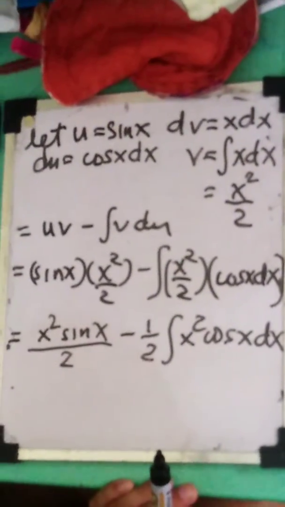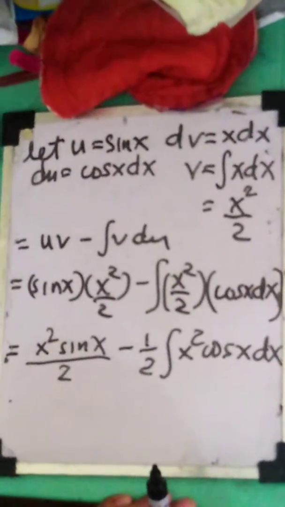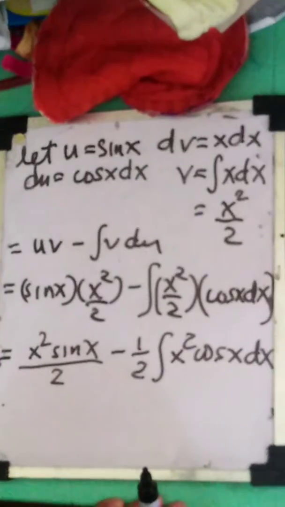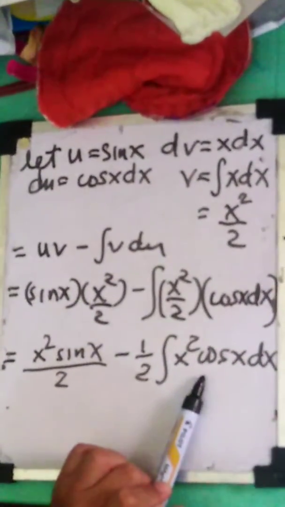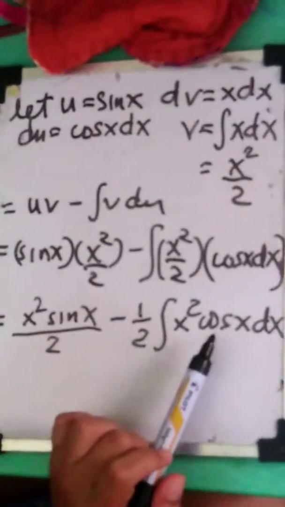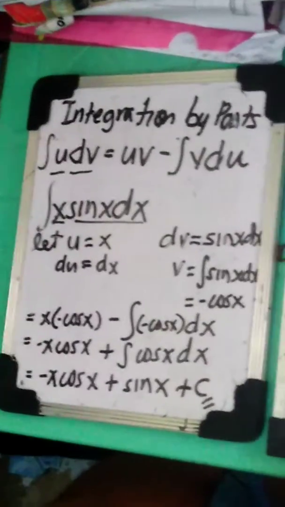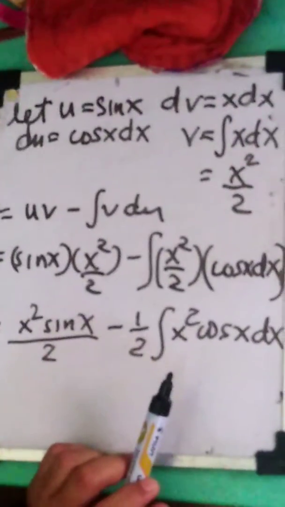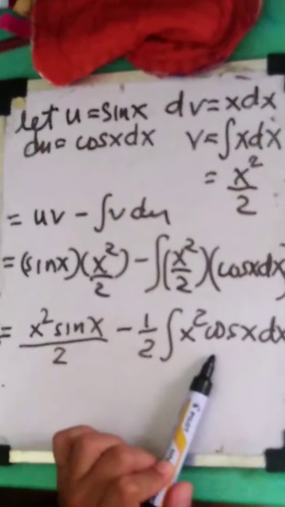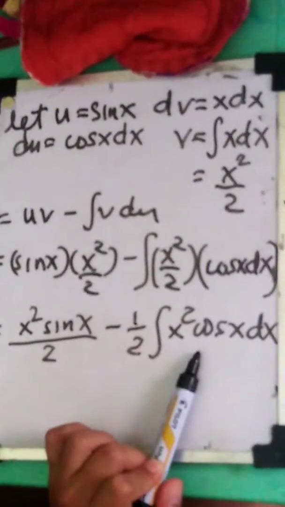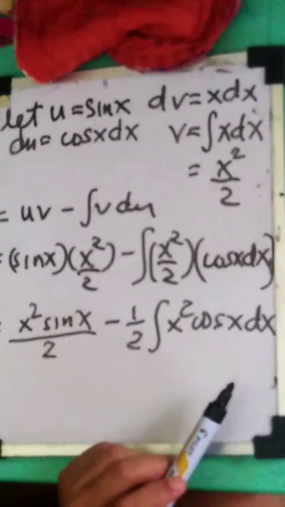And that is one of the things that you must consider in selecting u and dv. The integral of v du must not be more complicated than the given integral. If that happens, then you need to change your choice of u and dv.